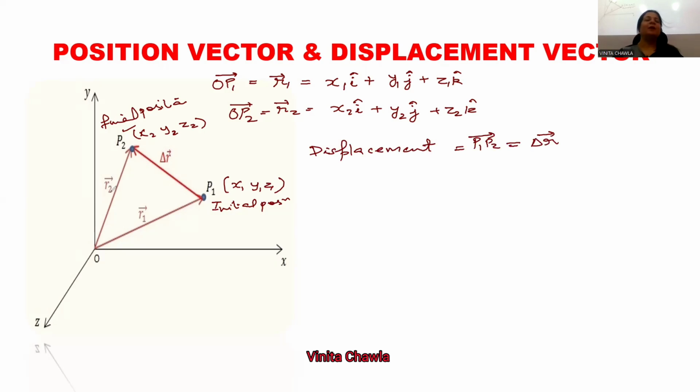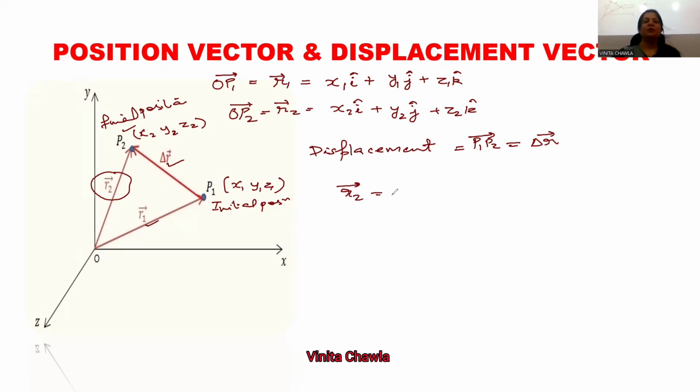Okay, now apply the triangle law of vector addition here. Two vectors are in the same order. You can see vector r1 and delta r are in the same order, and vector r2 is in the opposite order. The triangle law of vector addition says that if two vectors are in the same order and one vector is in the opposite order, then the vector in the opposite order can be written as the sum of the vectors in the same order.